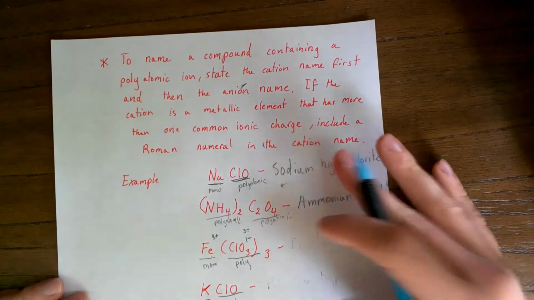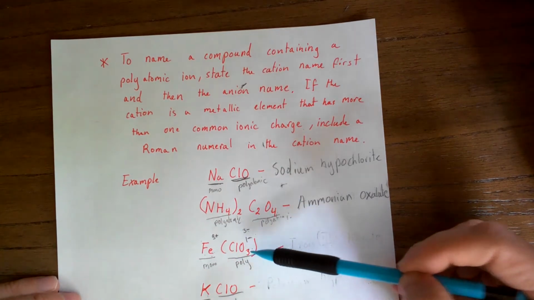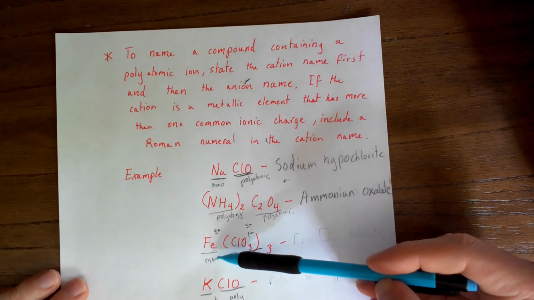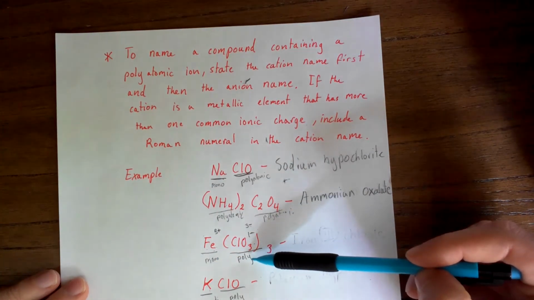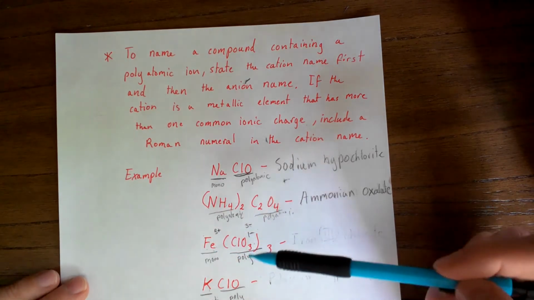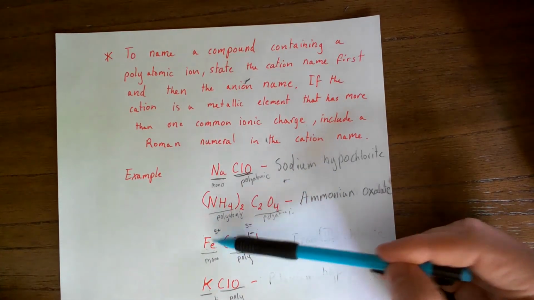All right, let's do the next one. Fe(ClO3), okay. Iron is going to be monoatomic. ClO3 will be polyatomic. So let's find the name for Fe and ClO3. And here's a problem because we have to determine the charge of this iron.